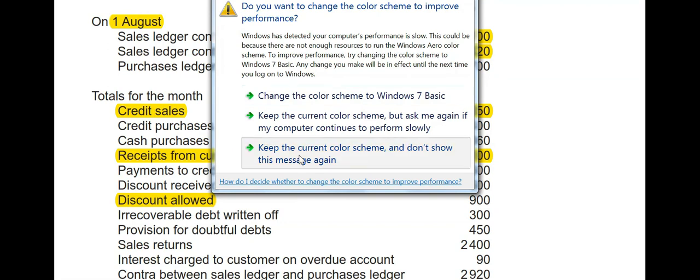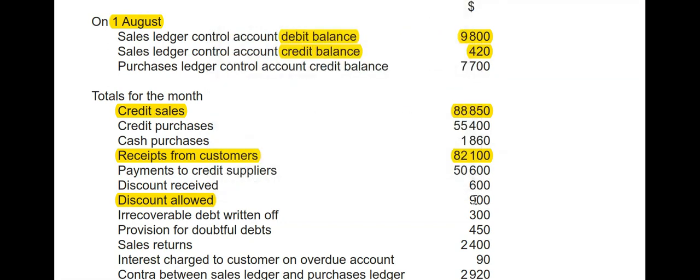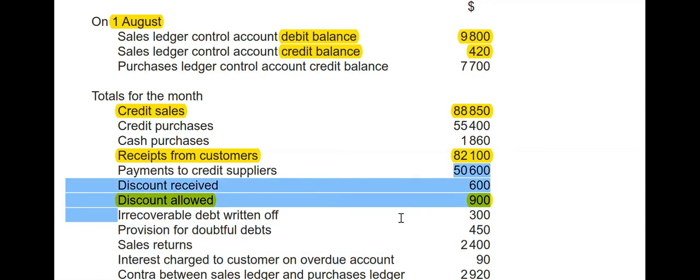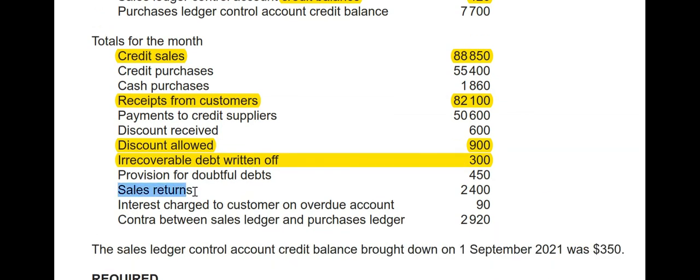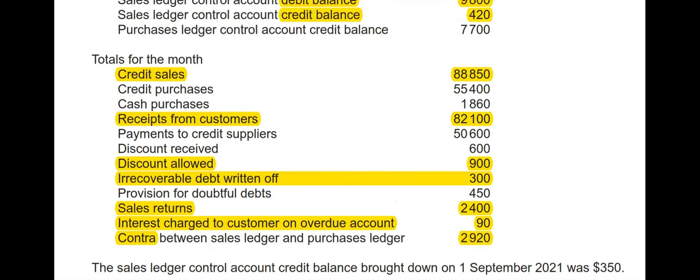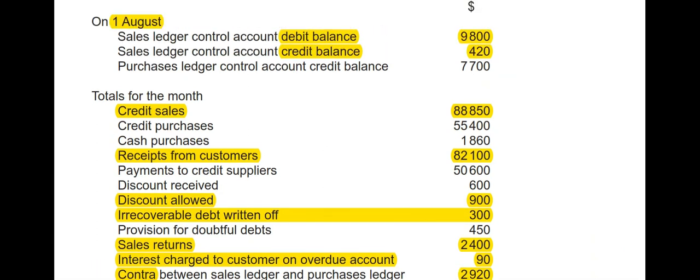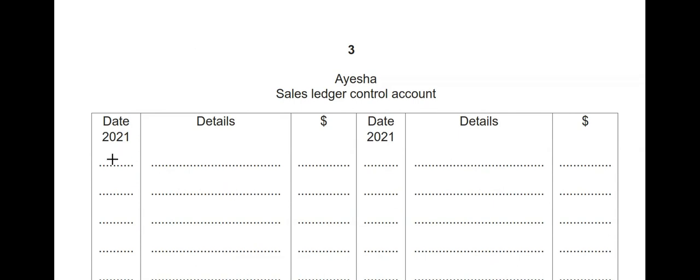As we know, they have mentioned discount allowed as 900, irrecoverable debt is given to us. So all these items that in any way are reducing the amount of credit sales, we will be recording that, and any item that is increasing the amount of credit sales, we will also record this. So there is also a contra entry. So contra is simple entry between sales ledger and purchase ledger. So highlighting these items will help us solve the question quickly.